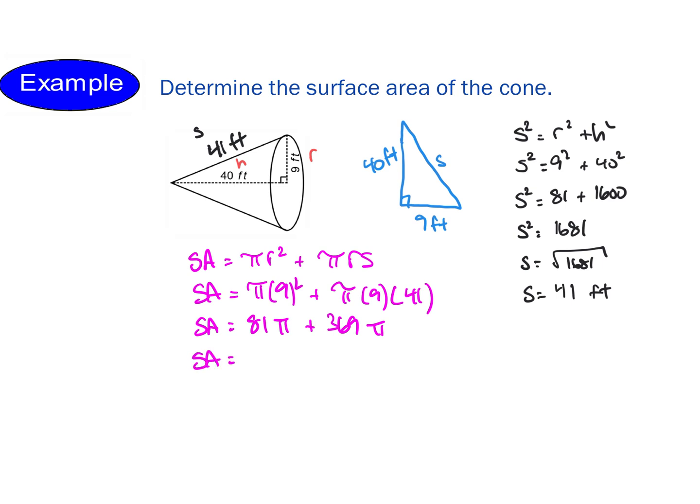And now all we'll do is take the 81, add it to 369. What do we get when we do that? 450 pi, you betcha.